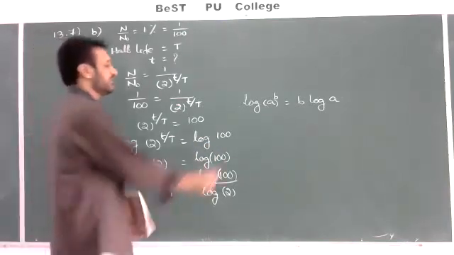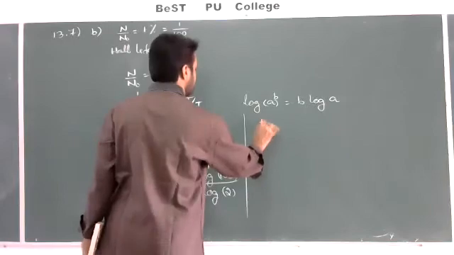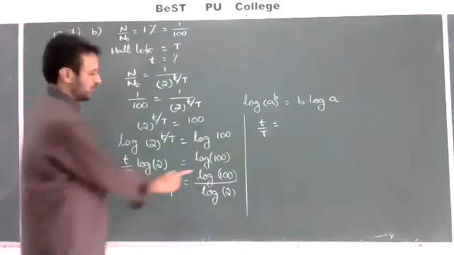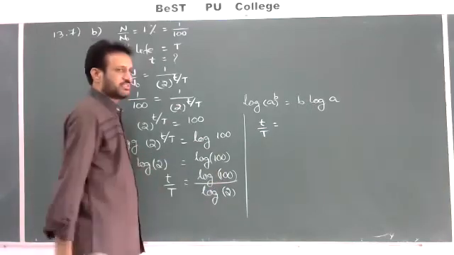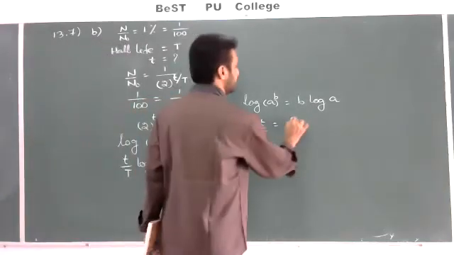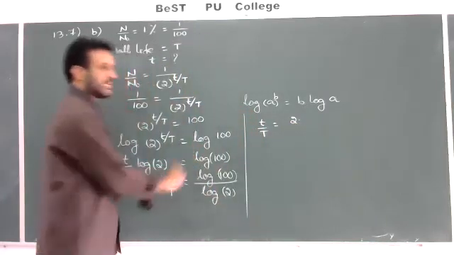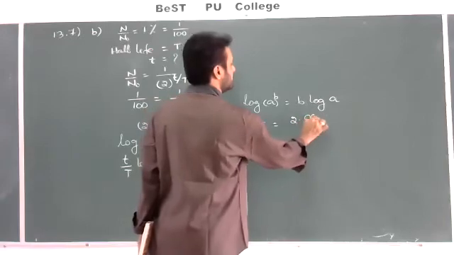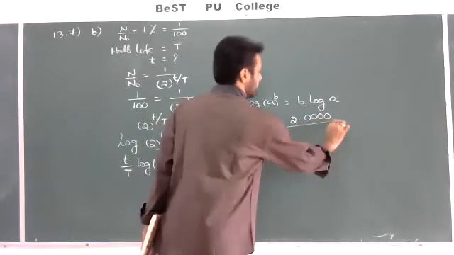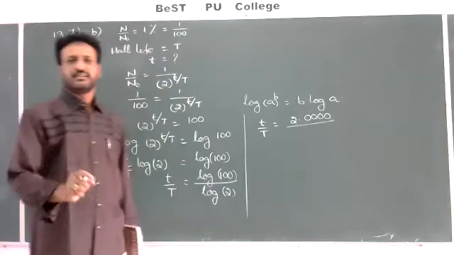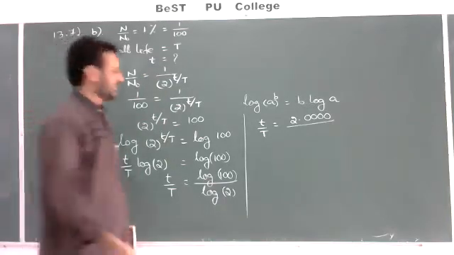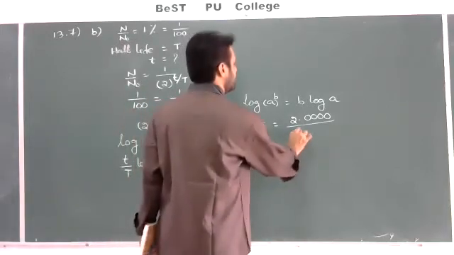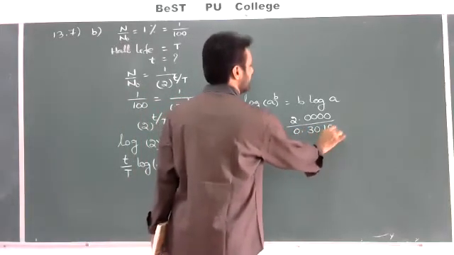Now the log 100 value: small t by capital T is equal to log 100. 100 has a total of 3 digits, so 1, 2, 3 digits. So 3 digits means a characteristic of 2. Next, the mantissa: in the logarithm book, the value for 10 under 0 is all zeros only, so 2.000 divided by the log 2 value, 0.3010, the standard value.